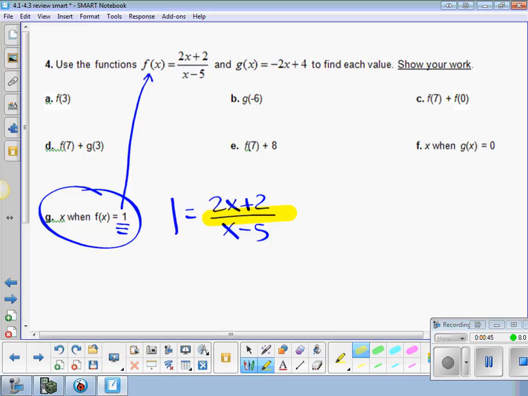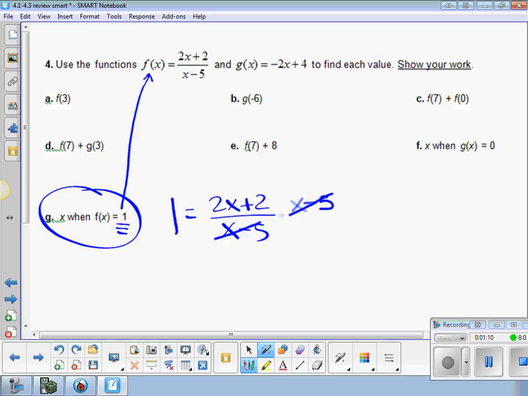So there are two avenues we can take to get rid of that denominator, x minus 5. You can either put this over 1 and cross multiply. That's one common technique. Or you can multiply both sides by that denominator, x minus 5. These will cancel.